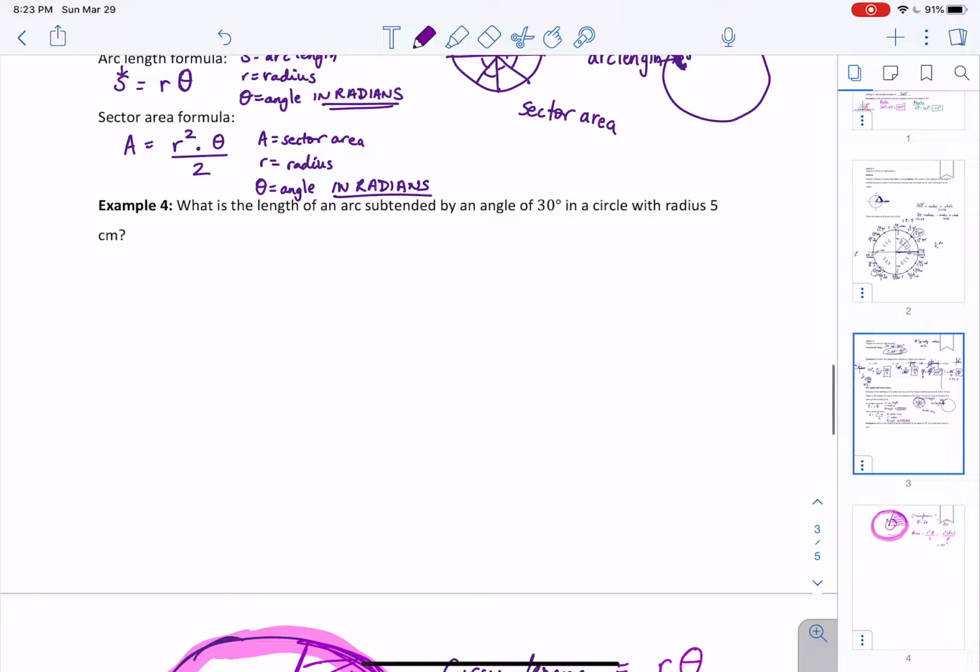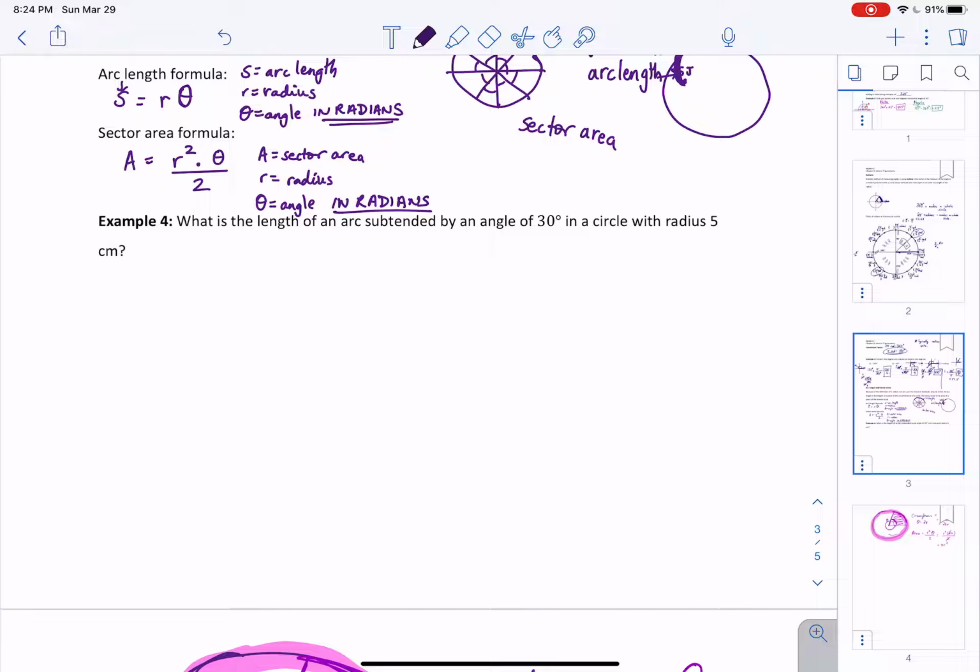So let's actually try doing a practice problem with this. So again, words are kind of long in this. It says, what is the length of an arc subtended by an angle of 30 degrees in a circle with radius 5 centimeters? So let's think about this a little bit. We have a circle, and subtended by an angle just means that when we're cutting up the circle, we're using an angle of 30 degrees.